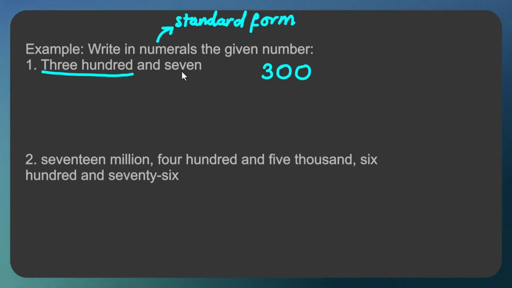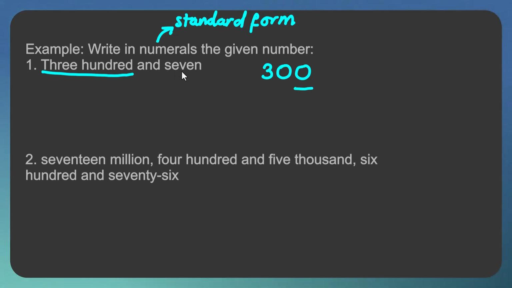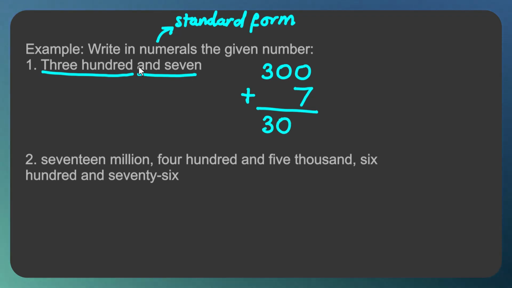Once we do that, we write our next number, in this case the only digit, at the very first place value under the larger number. We know that "and" represents addition, so we add our 7 to our 300, and what that gives us is 307.